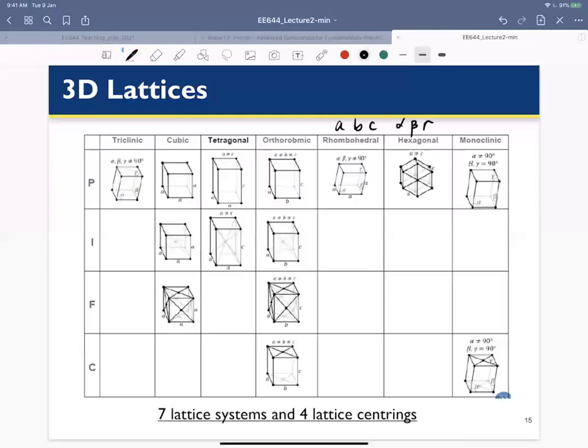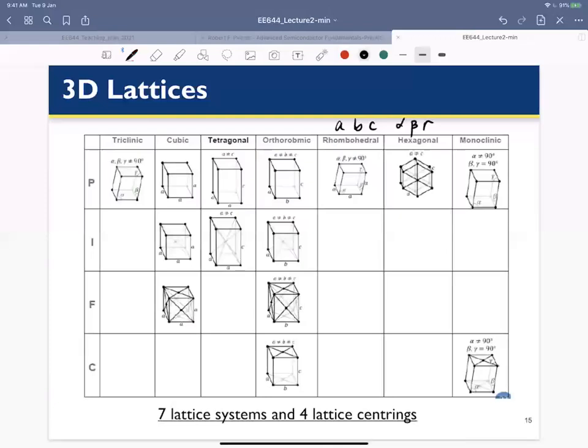When you talk about 3D lattices, there are seven lattice systems: triclinic, cubic, tetragonal, orthorhombic, rhombohedral, hexagonal, and monoclinic. These are defined based on A, B, C, and alpha, beta, gamma, right?